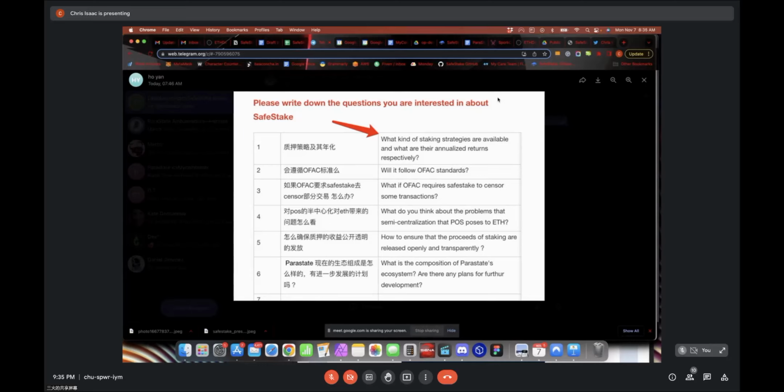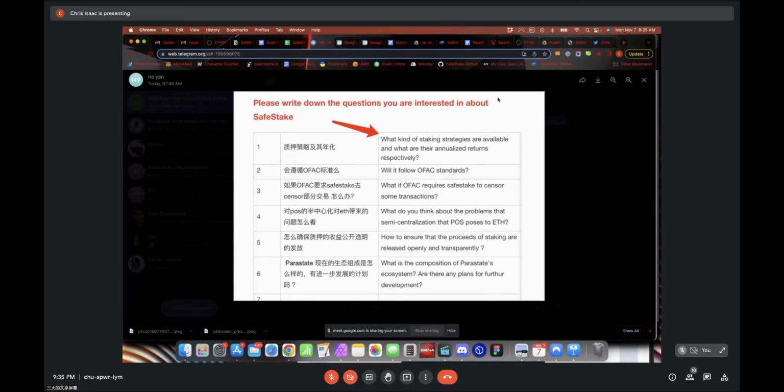This has led to what's going on right now with censorship, specifically the Flashbots relays that are following OFAC standards and either delaying these transactions or omitting them from the block, resulting in censorship.